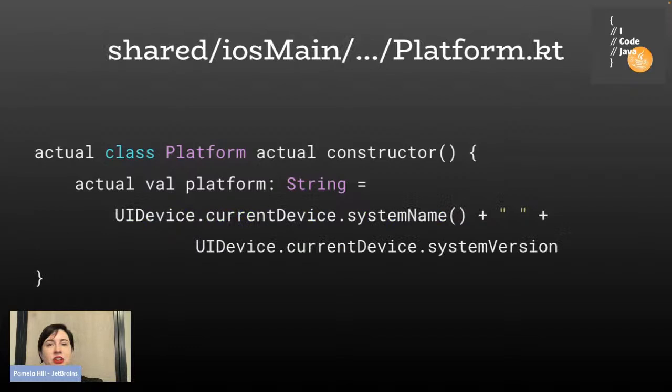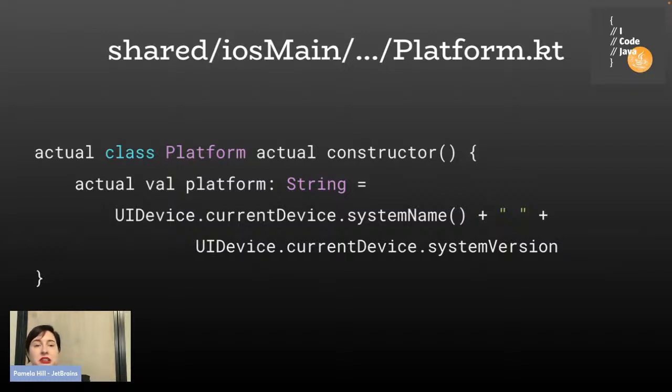Ta-da! Okay. This is now iosMain. So we're going to look at iosMain's corresponding class. It also has a platform property. And here we're basically using real iOS device classes, properties and functions to get stuff from the device.